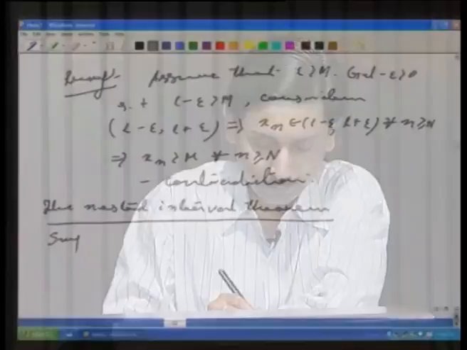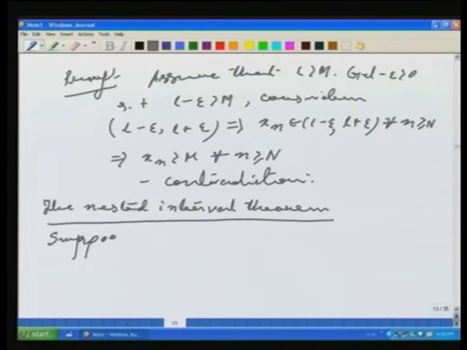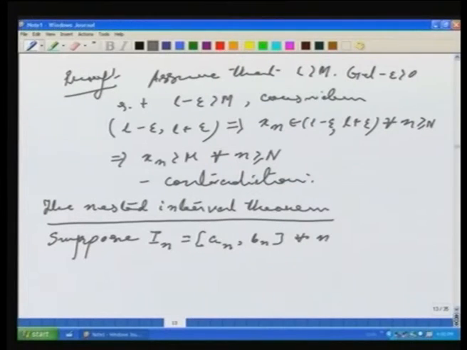Well, the theorem is that suppose I n is a closed interval given by a n and b n for all n, such that I n plus 1 is contained in I n. That means, as n increases, the intervals are getting smaller and smaller, one is contained in the other, and that is the meaning of the word nested.